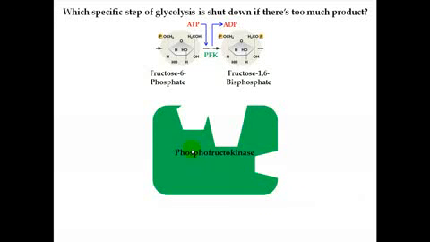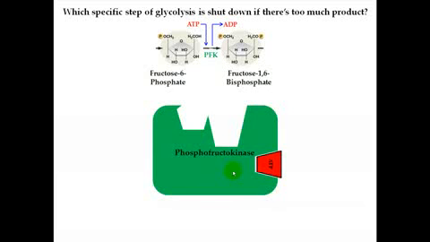Here's kind of the cool thing, or maybe the funny thing, is that the thing that acts as the inhibitor of this enzyme is the same thing that acts as the substrate for this enzyme. So ATP can actually also bind to the regulatory site of this enzyme and act as the enzyme's inhibitor.